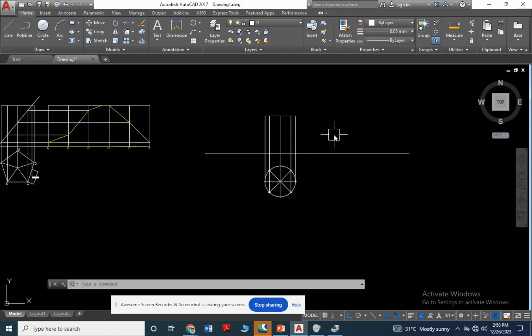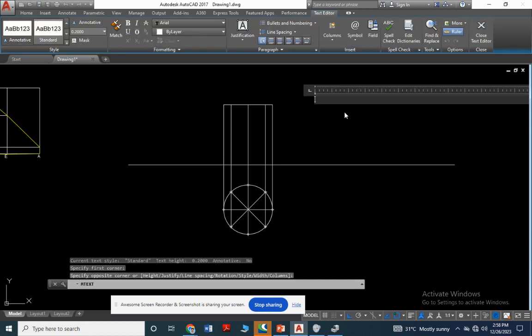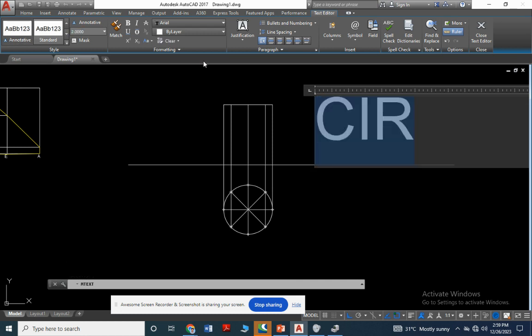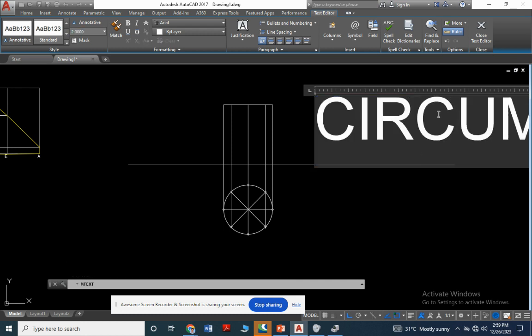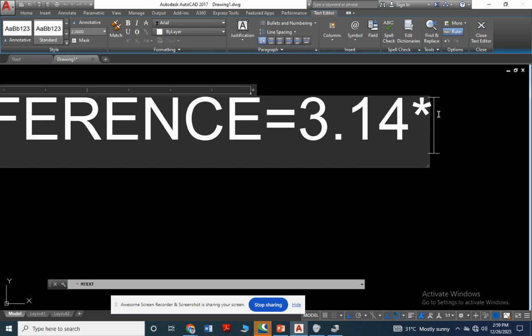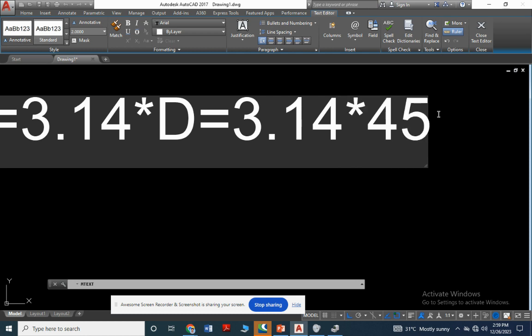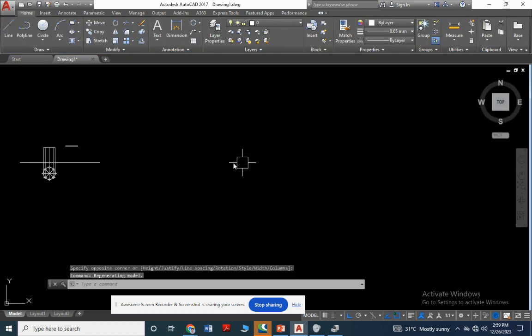So for the development, the circumference will be pi into d. Okay, so I would like to write circumference equal to 3.14 into capital D equal to 3.14 into 45 equal to how much?